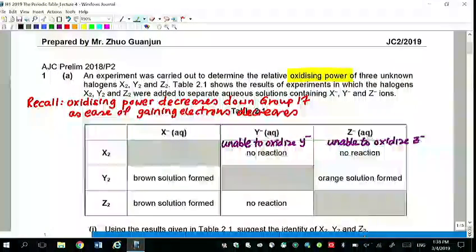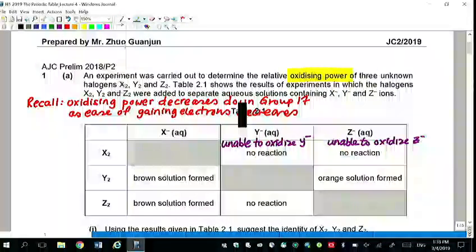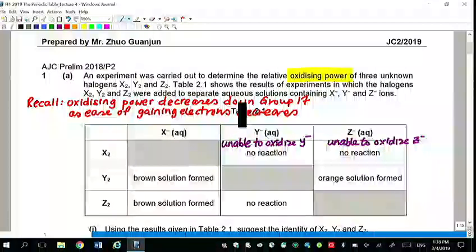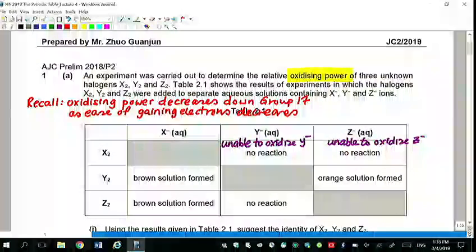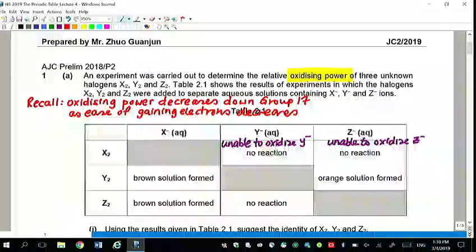Meaning to say that from here, I should know that X2, is it a weak or strong oxidizing agent? It should be a weak oxidizing agent. It is unable to oxidize Y minus, it is unable to oxidize Z minus. So just based on this piece of information, can you make a rough guess what is the identity of X2? We know that the general trend is that oxidizing power decreases down group 17.